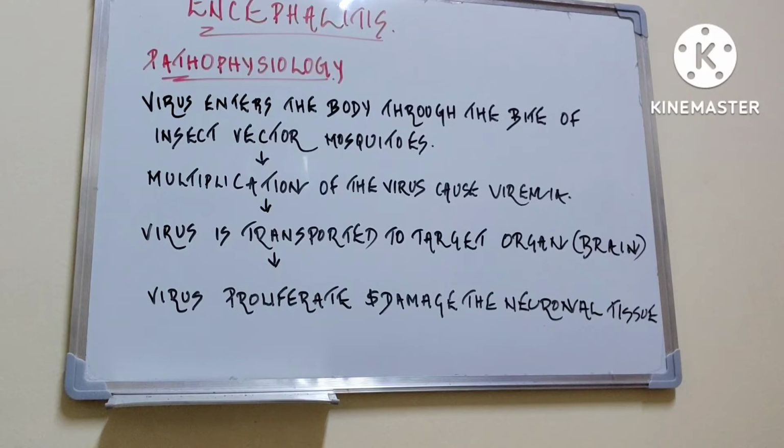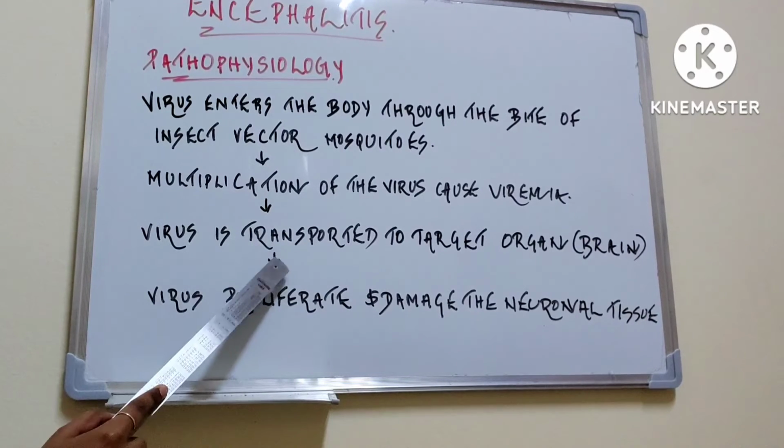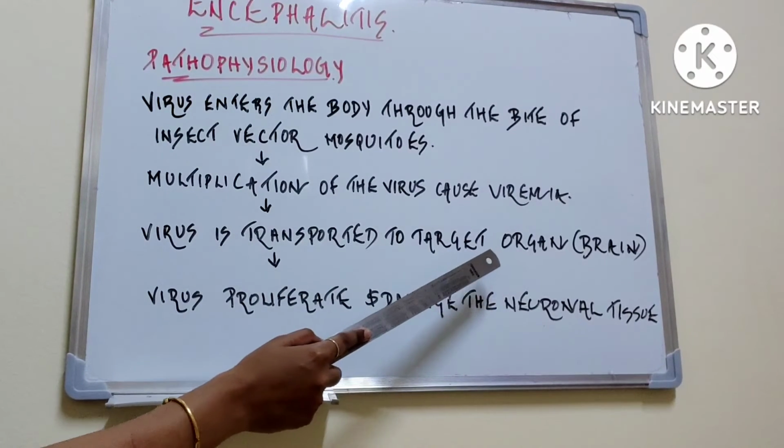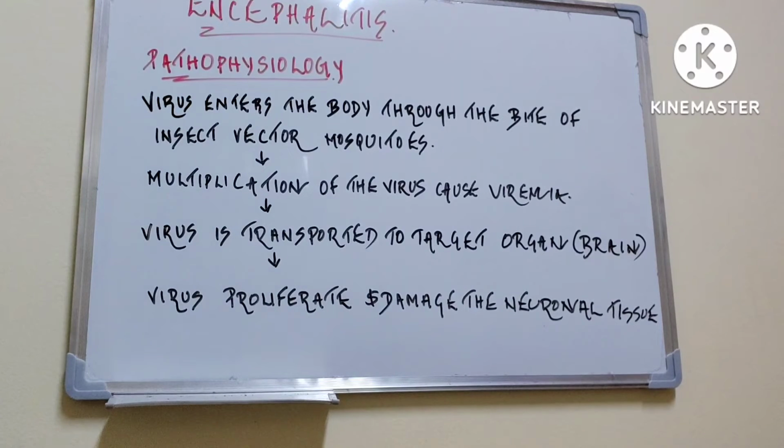And what happens next? This virus is transported to the target organ, brain, by the blood. So when the virus multiplies in the body, it will automatically travel to the target organ. What is the target organ over here? It's the brain. So through the blood, the viruses are carried to the brain.